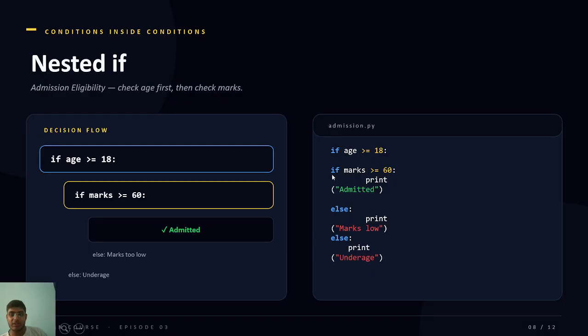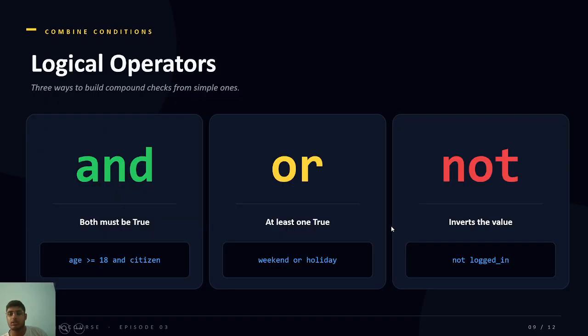As you can see, this if and this else statement are linked with this if statement, because if my marks are low, not up to 60, let's say my marks are 58, then my marks are low and Python will execute my else statement as marks low.